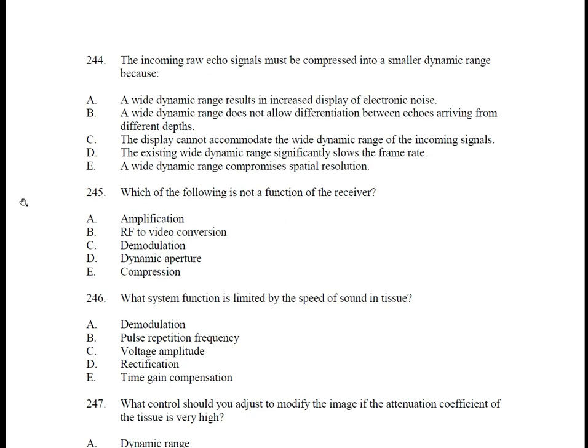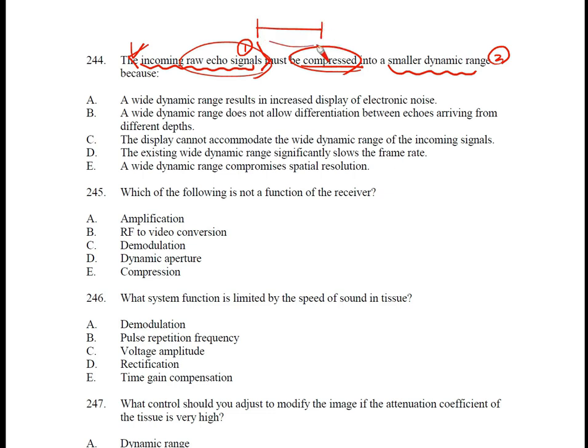Let's look at question number 244 next. Yes, you can also take this question as a reference. This question is asking about the reason why incoming raw data signals need to be compressed. So, it needs to be converted to a small dynamic range. To explain this simply, you can think of the signals initially obtained by the equipment as this kind of raw data. These kinds of data have such a wide range that they cannot be displayed directly, which is one of their characteristics.